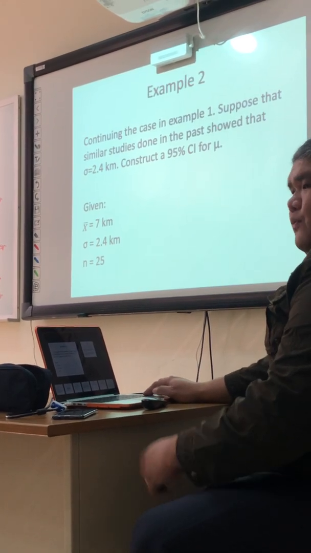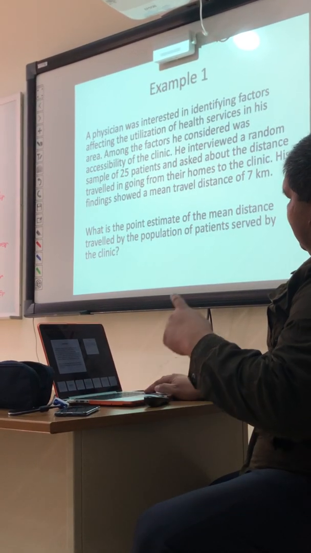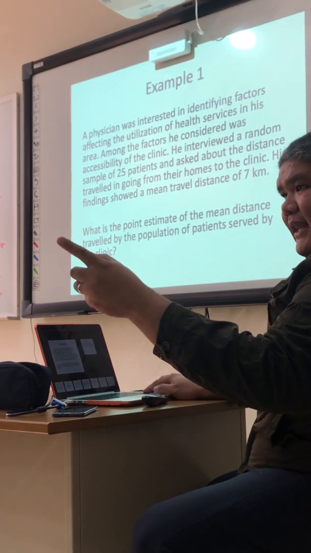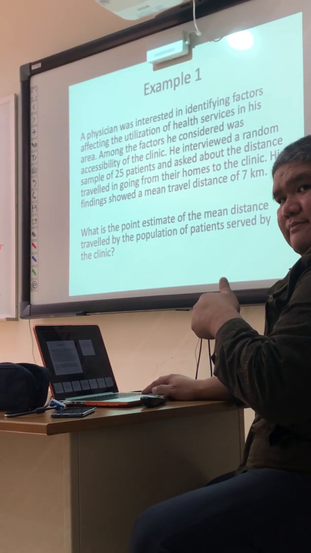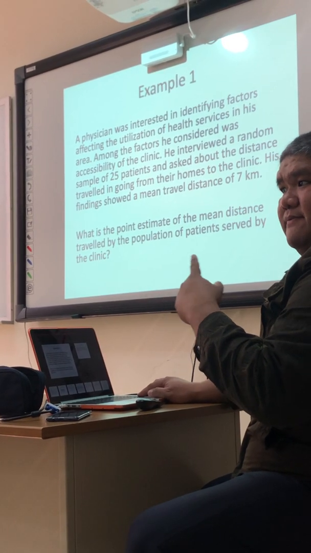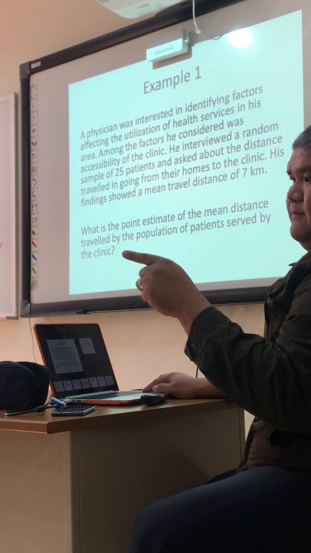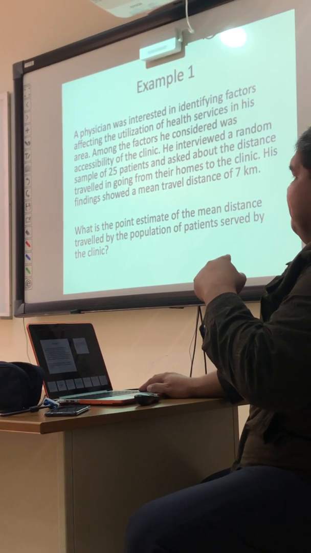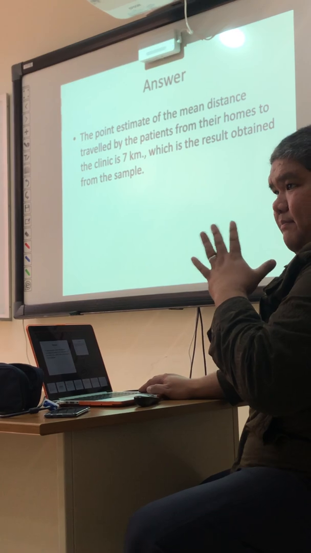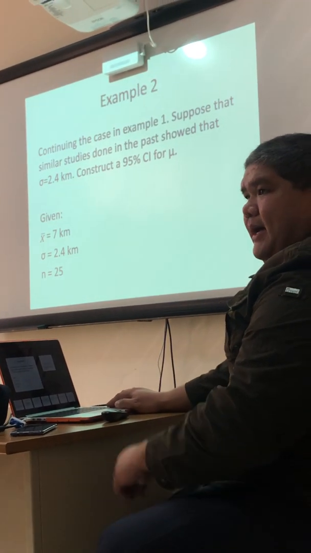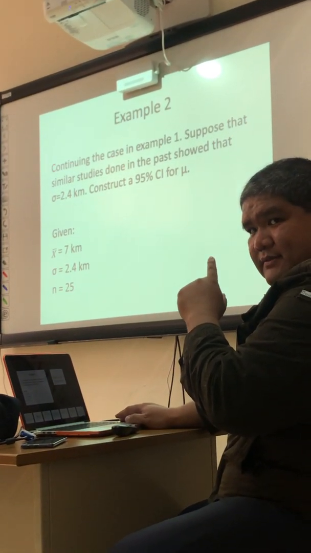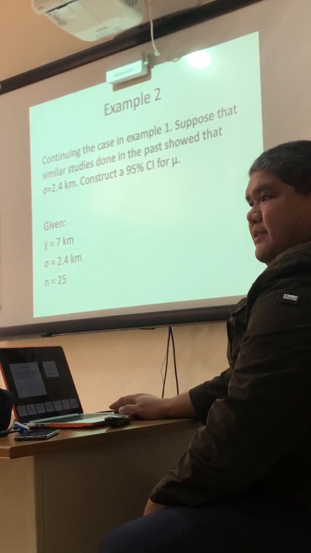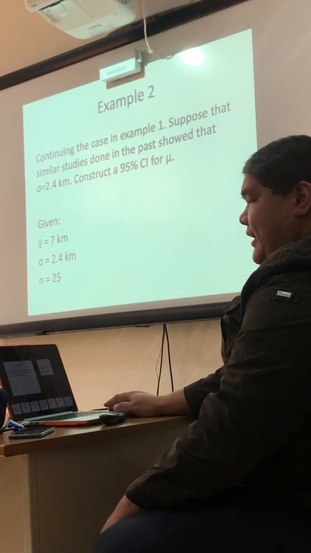We already know from the previous discussion that he sampled 25. N equals 25. X bar equals 7. It's written there. It's all in the problem. And sigma equals 2.4. Can we do our estimation? Yes, because all the elements are there.